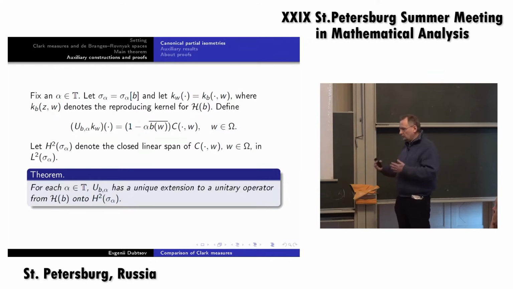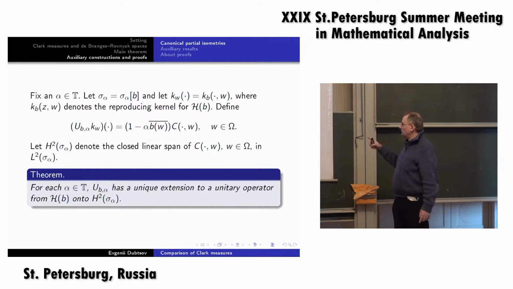And once we have this identity, it's possible to make work an analog of the one-dimensional procedure, when we construct certain, in this case, partial isometries, like in the case of Clark, or in this more general setting, the corresponding construction was proposed by Sarason. Okay, so here is what we do. We want to define partial isometries.